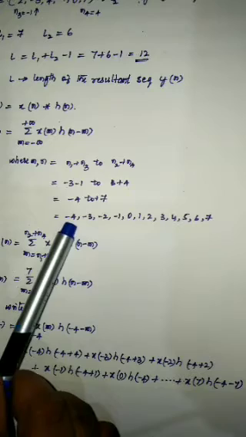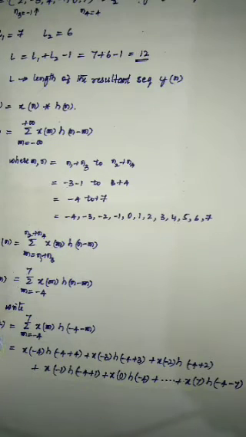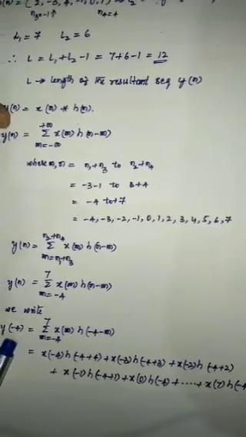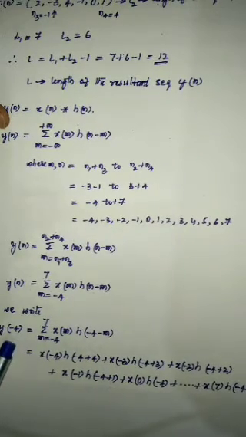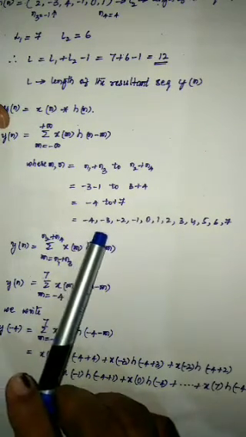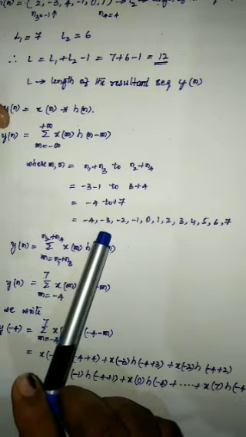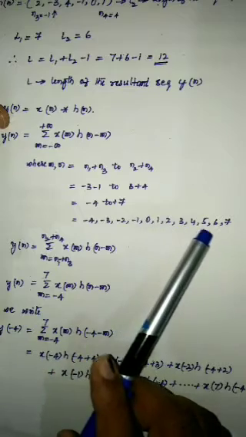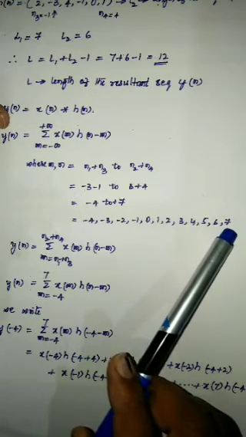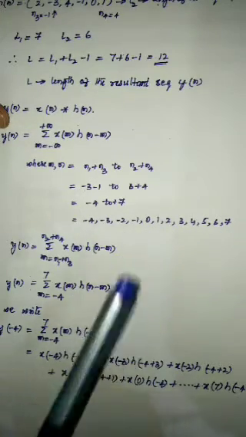Therefore, the starting point is minus 4, and hence we first try to find y of minus 4 in the beginning, and sequentially we will try to find y of minus 3, y of minus 2, y of minus 1, etc., till y of plus 7. We need to compute the result, right?